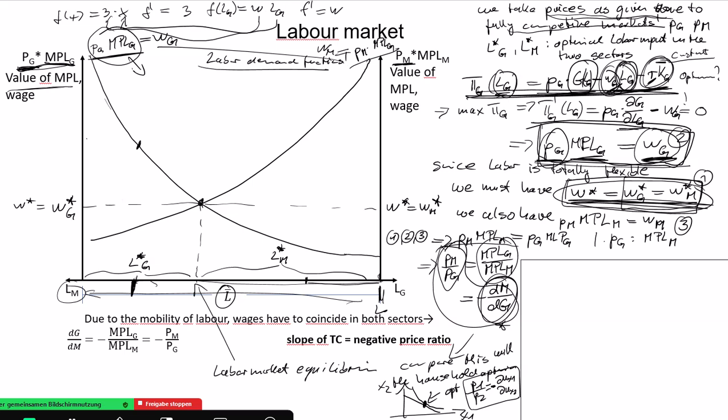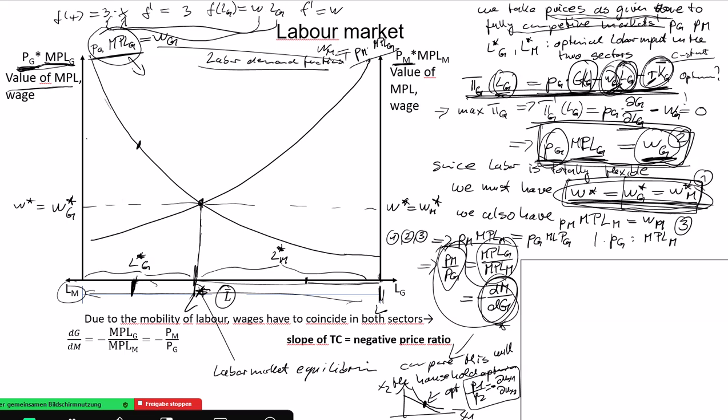So given our two different production functions, from the production functions, taking the derivative with respect to labor, we obtain times the price of the two goods, we obtain the labor demand functions, and the cut of the two labor demand functions represent then the labor market equilibrium. So this is then the optimal division in a country given the two production possibilities frontiers.